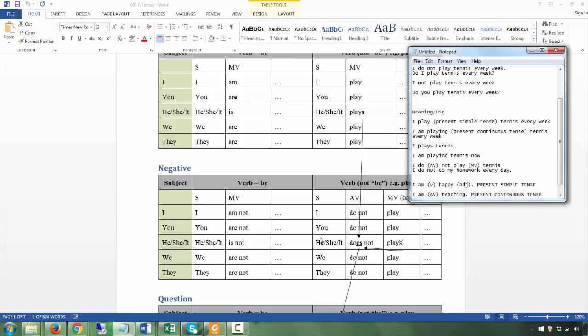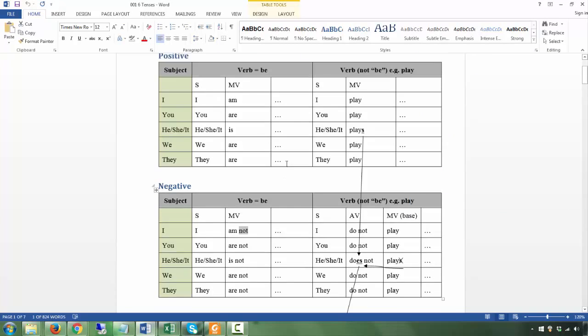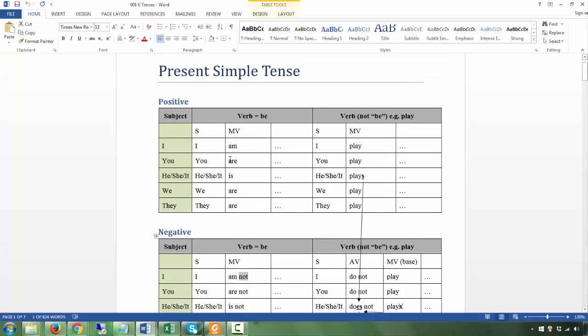It doesn't give you the main meaning at all. Why do you need be plus verb ing for the present continuous? Nobody knows. So this looks the same, but it is not. This is in a present simple tense. This is in a present continuous. Which is the main verb? This is the main verb. In a sense, this am here is actually a main verb. So don't be mistaken. This has no auxiliary verb. Not for the be verb here, no auxiliary verb.